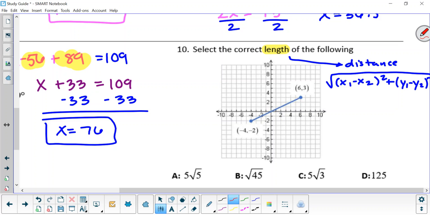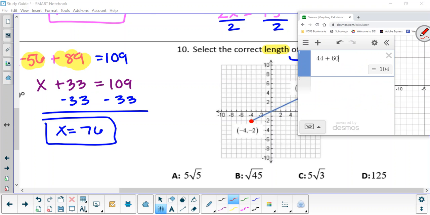We have our 2 points, (-4, -2) and (6, 3). So if I plug in my numbers, my x's, I'm going to go 6 minus -4 squared plus 3 minus -2 squared for the y's.